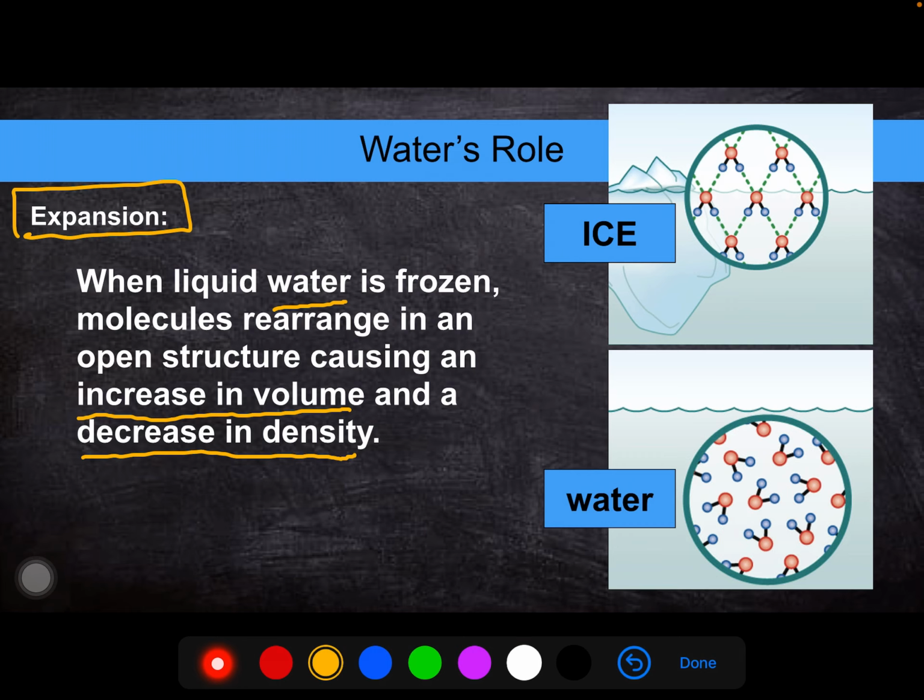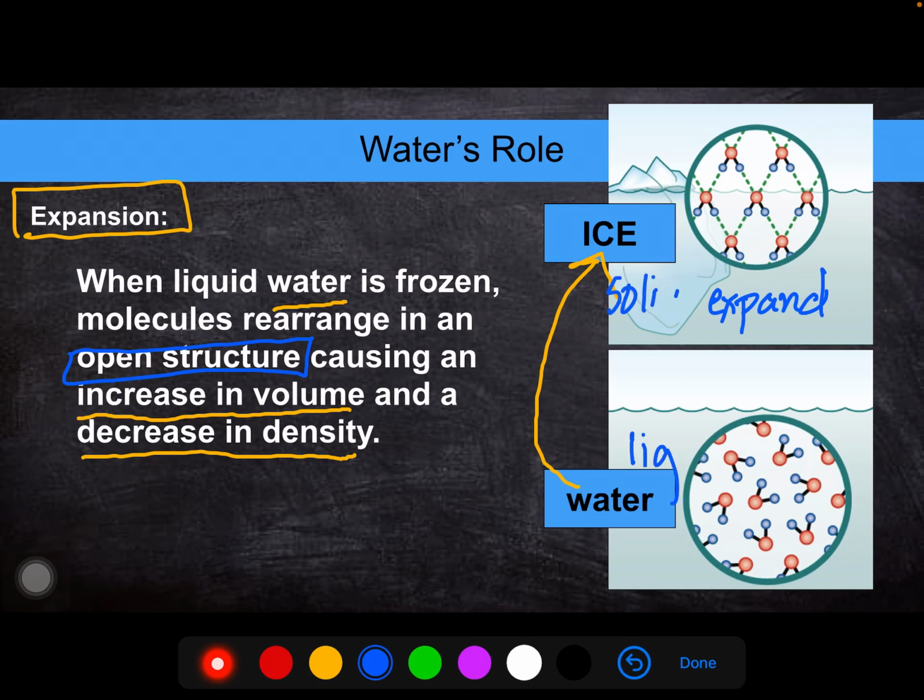These particles are just hanging out in their liquid state, but something happens with water specifically. When it freezes into ice, we notice here that the particles expand and they rearrange into this open structure pattern. And so that expansion of the particles from their liquid to their solid state makes two very different changes.